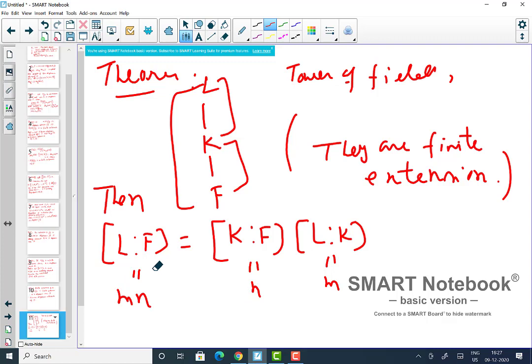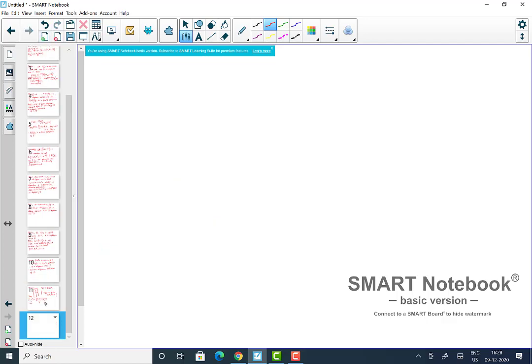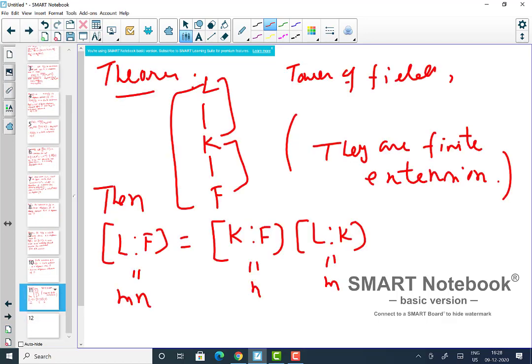Then I am done, because this product will be this. Okay, now how do you prove it? So I assume that K over F is n, L over K is m, then it is mn or nm or whatever.